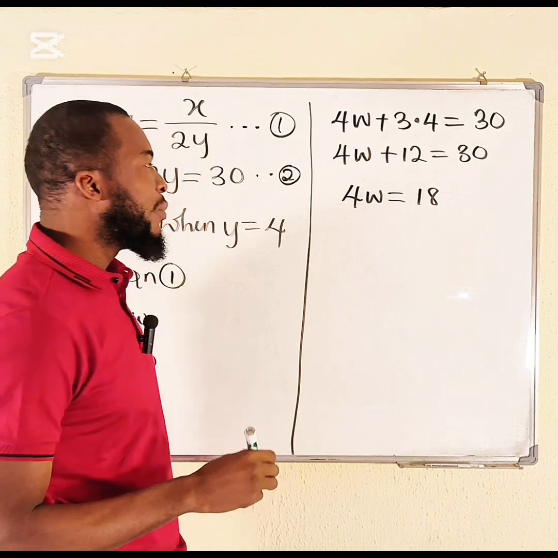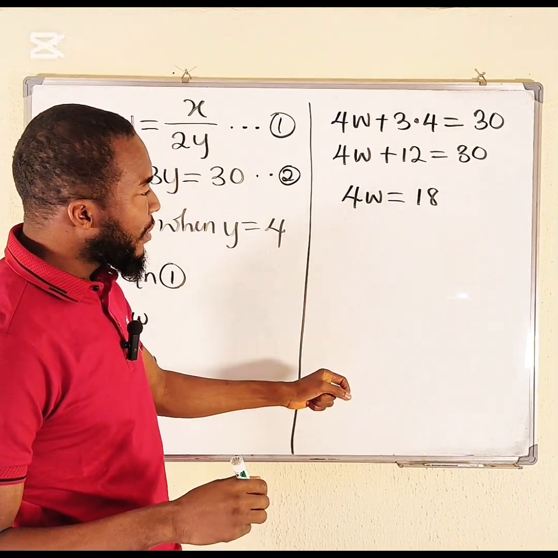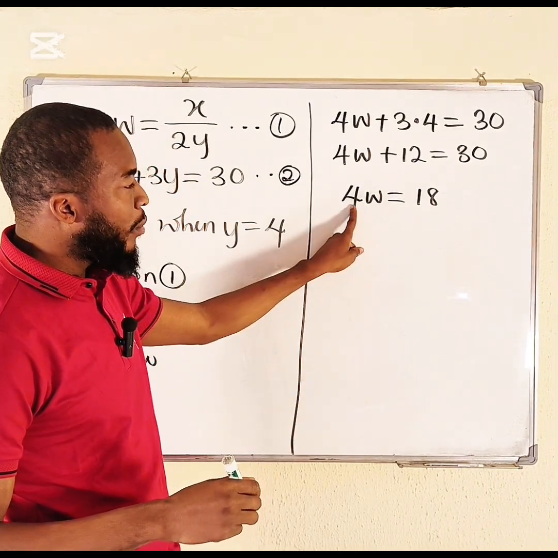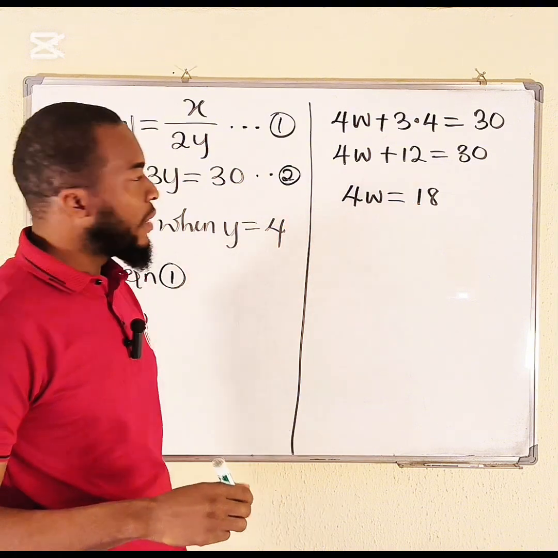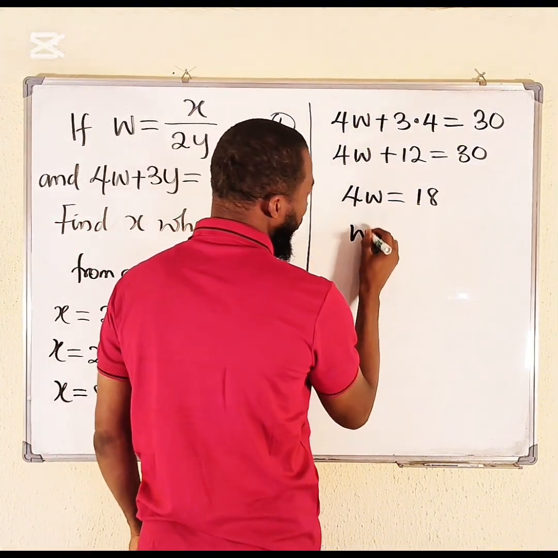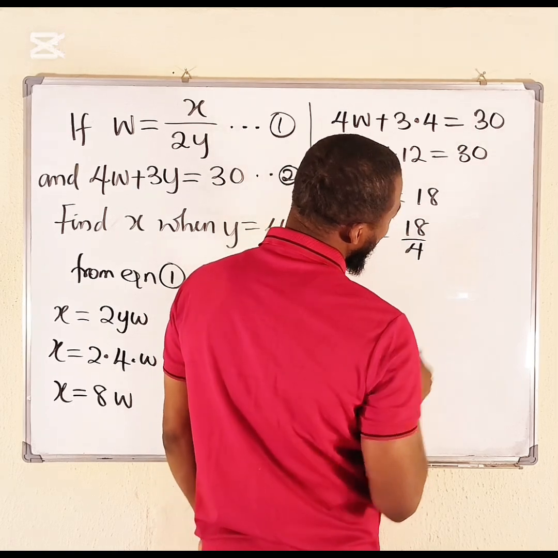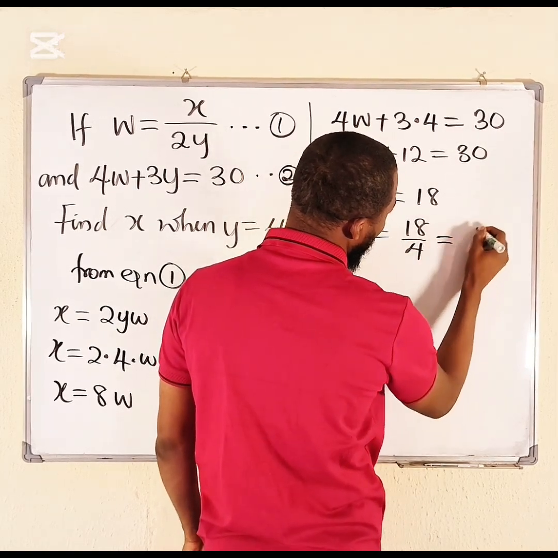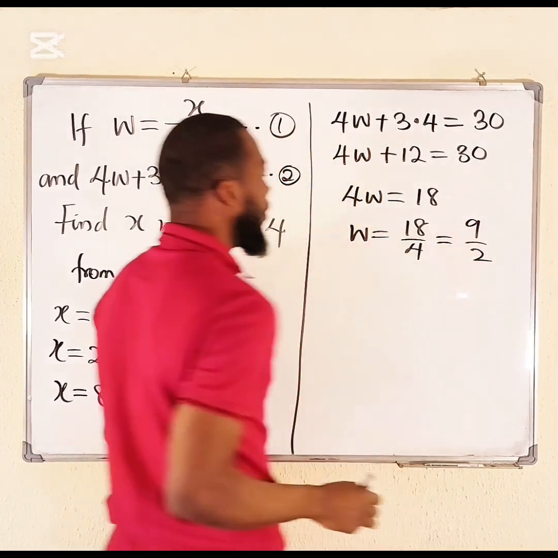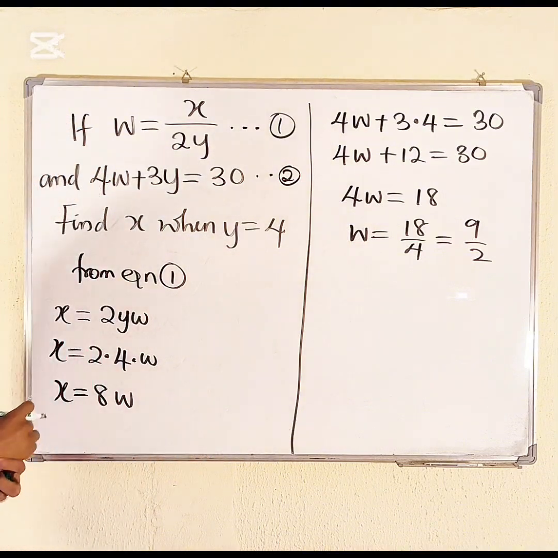Then to find w, can we multiply 4 by any number to get 18? No. So w is equal to 18 divided by 4. And to the lowest term, this is the same thing as 9 divided by 2. So we have 9 divided by 2 as the value of w.